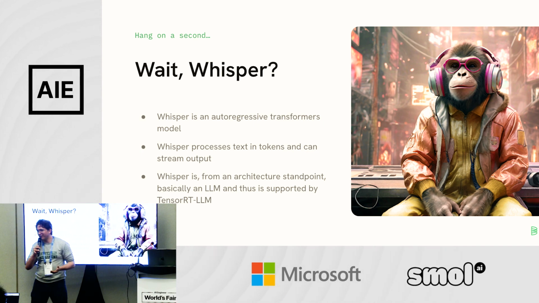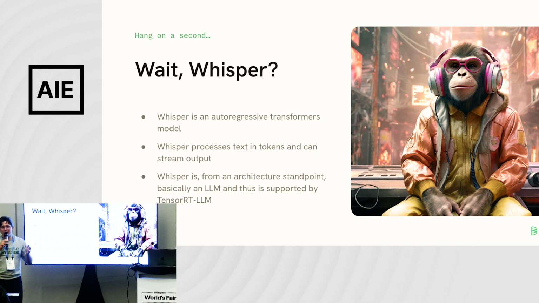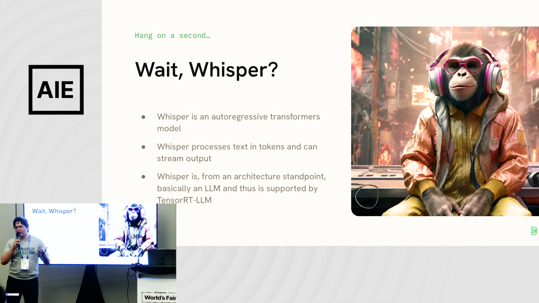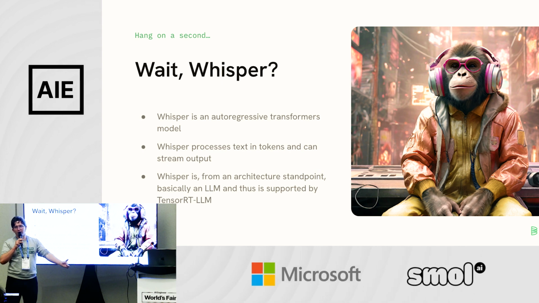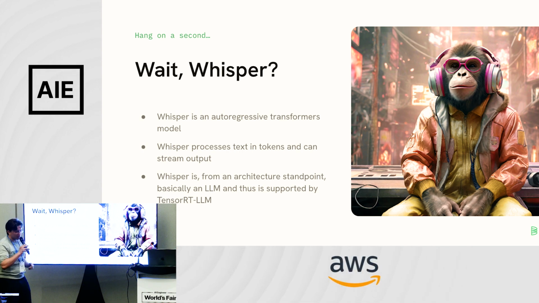Well, it's called TensorRT-LLM, but it's a little more flexible than that, because you can run a lot of different autoregressive transformer models with it, like Whisper. If anyone doesn't know what Whisper is, it's an audio transcription model. You give it an MP3 file with someone talking, and it gives you back a transcript of what they said. It's one of our favorite models to work with. We've spent a ton of time optimizing Whisper, building pipelines for it, and all that sort of stuff.